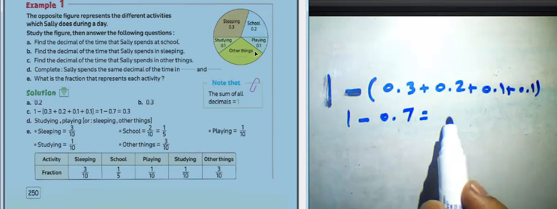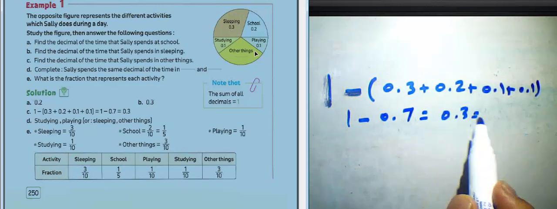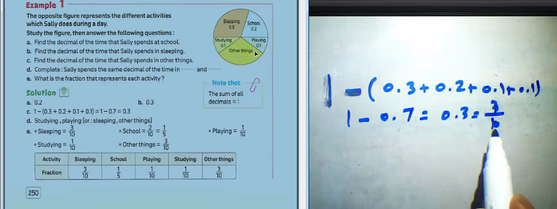The result will be 0.3. It will be 3 over 10. We can convert it to a fraction, 3 over 10. Okay, that is the result for letter C, the decimal of time spent on other things.